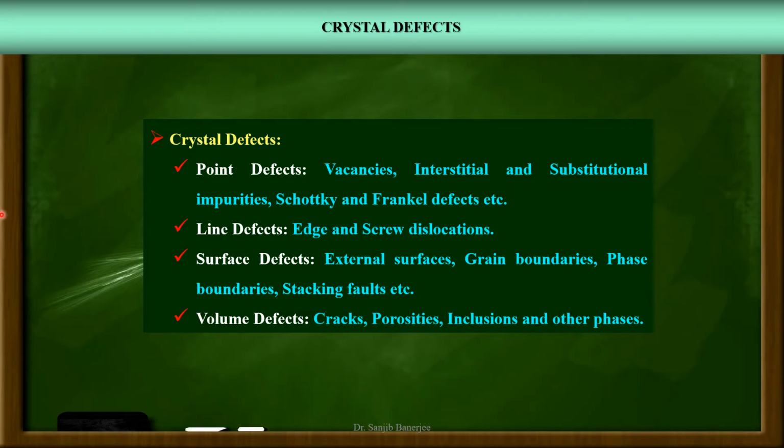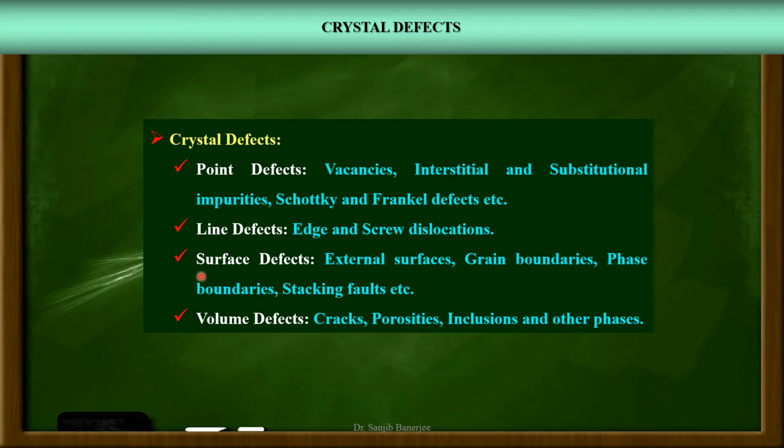Examples are the vacancies, interstitial and substitutional impurities, Schottky and Frankel defects, etc. Secondly, the line defects are the one-dimensional defects, which represent the defects related to the linear arrangement of atoms. Examples are the dislocations, which can be edge or screw.